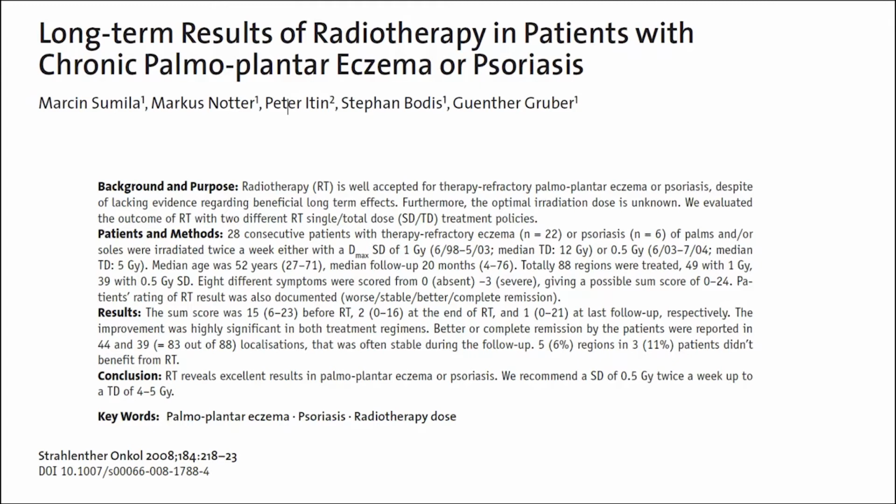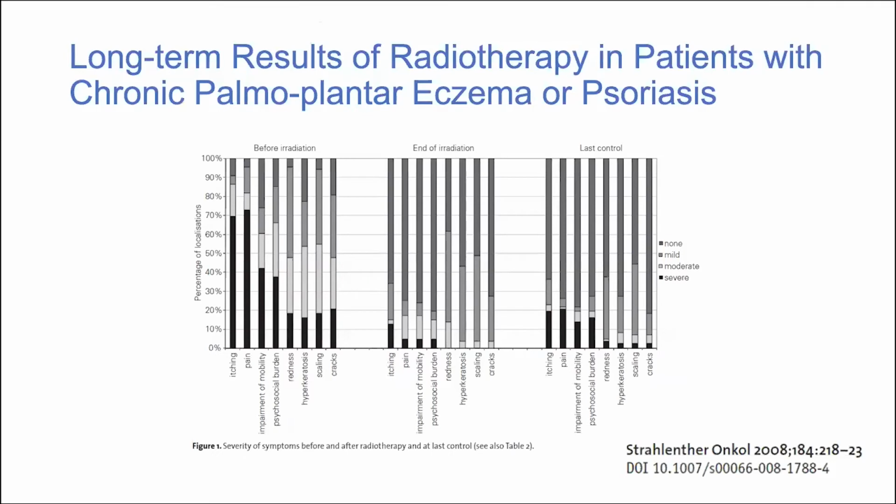And this was a patient population of different ages. Actually, the results are quite encouraging, since we see an improvement of the symptoms at the end of the irradiation and also at the last control. So many of the patients had a clear improvement as reported in this publication.